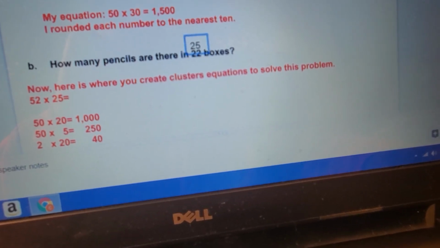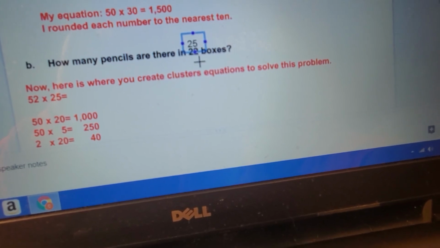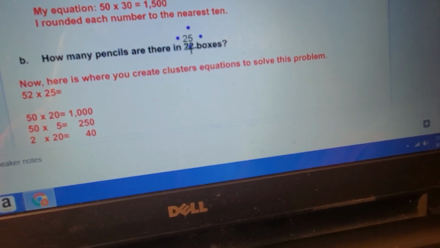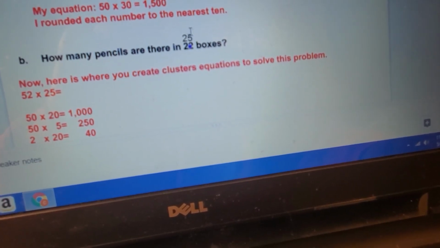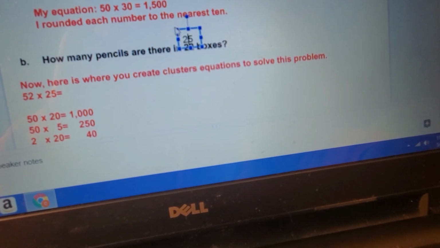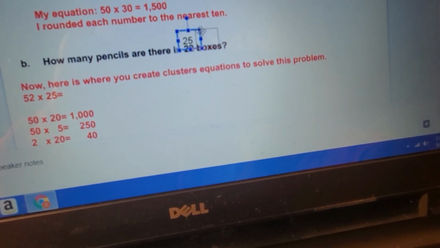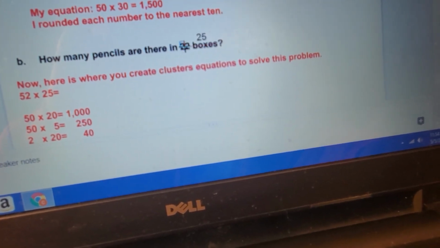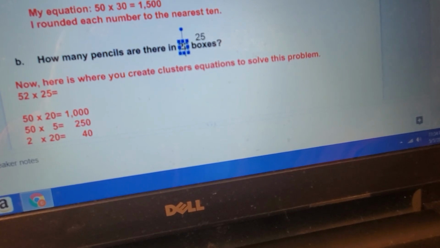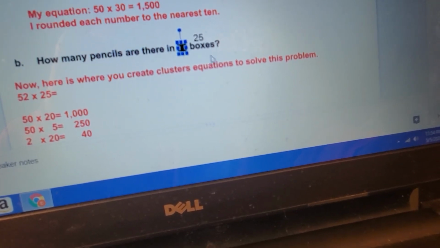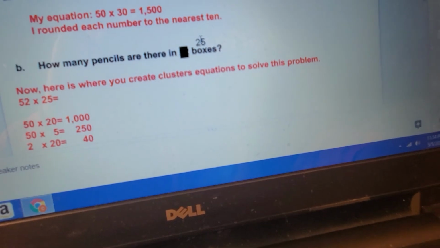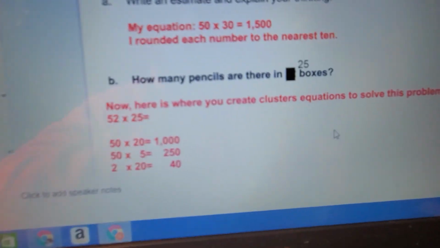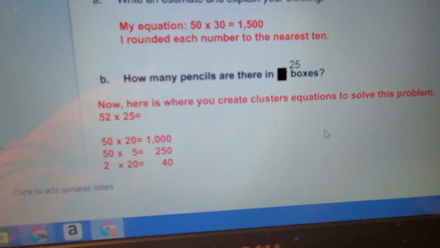And I will cross this number out. Okay, and then what I'll do is draw a box around this. There we go. That's better. Can't leave things with mistakes. Okay. So how many pencils are there in 25 boxes?